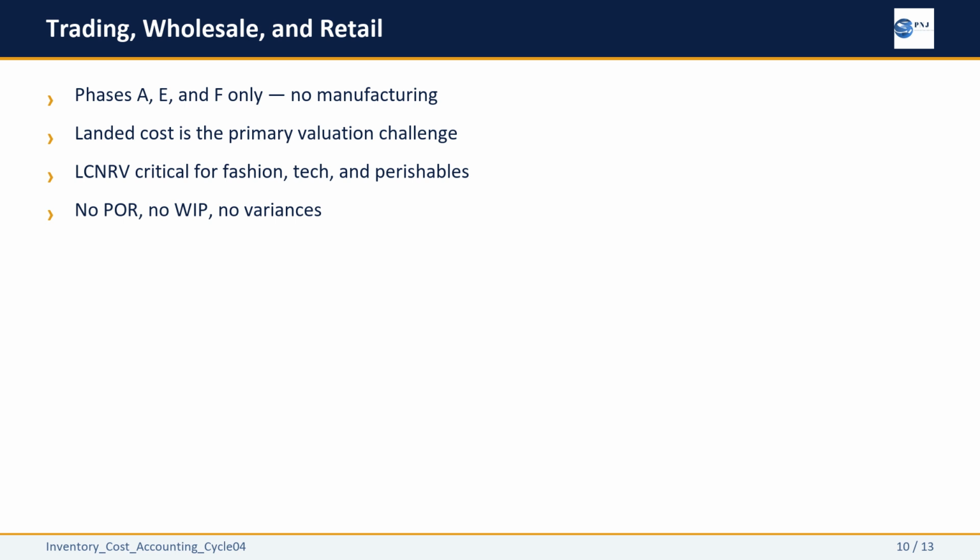Landed cost accuracy becomes the primary valuation challenge, and LCNRV is critical, especially for fashion, technology, or perishable goods that lose value fast. Your advisory focus here is landed cost accuracy, an ABC cycle count program, the retail inventory method for interim estimates, and gross margin analysis by SKU. Simple cycle, but valuation is where they get hurt.